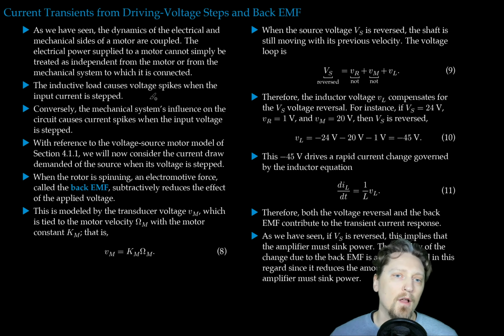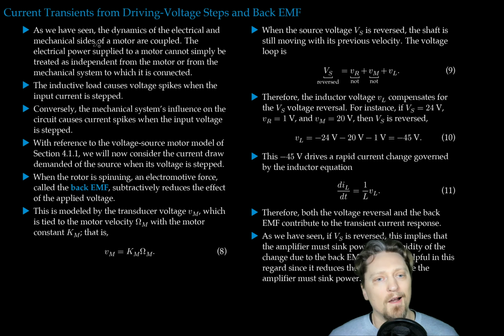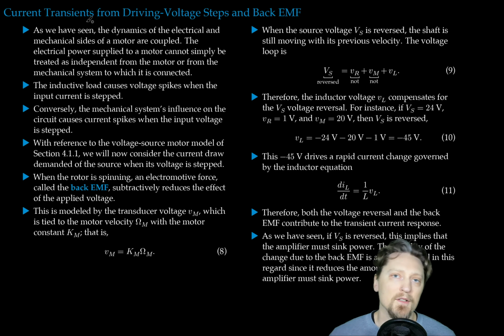The inductive load causes voltage spikes when the input current is stepped. Conversely, the mechanical system's influence on the circuit causes current spikes when the input voltage is stepped. With reference to the voltage source motor model of section 4.1.1, we will now consider the current draw demanded of the source when its voltage is stepped.